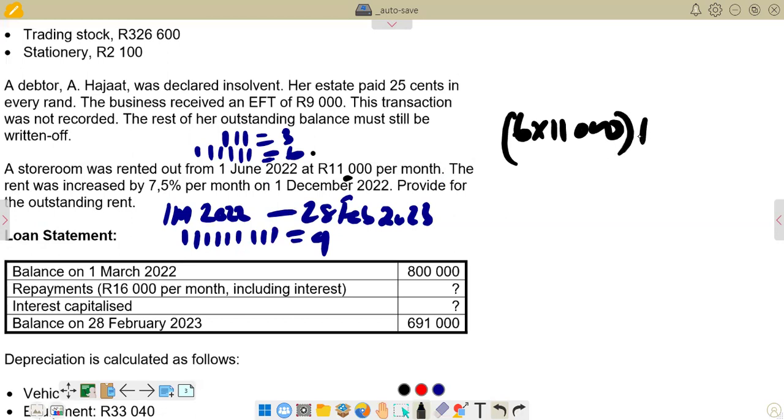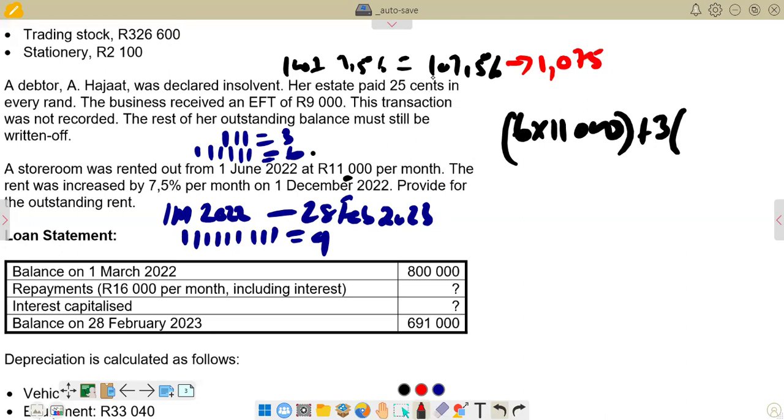Then after it was increased, it was for 3 months. So 3 times the rent that we are having after. Remember, it was increased by 7.5%. So we are saying 100 plus 7.5%, and we are going to get 107.5%. As a decimal, we can convert it by dividing by 100, and then we get 1.075.